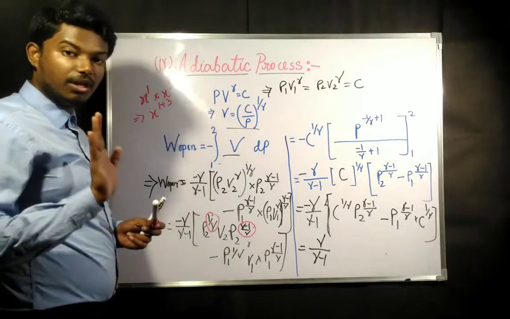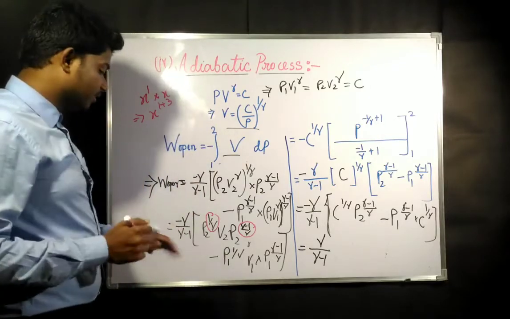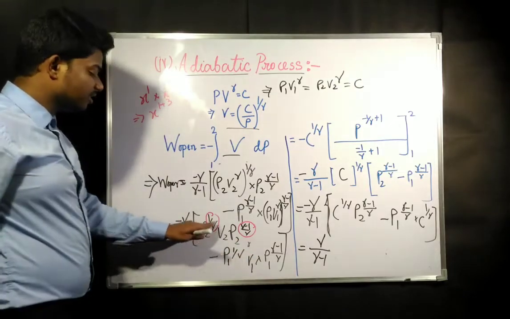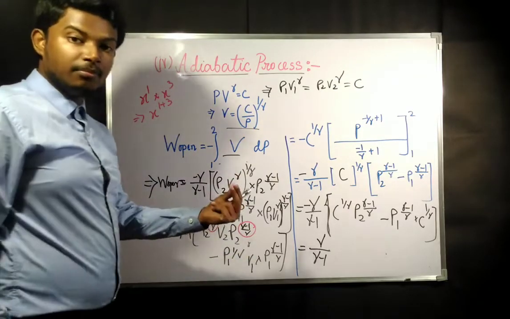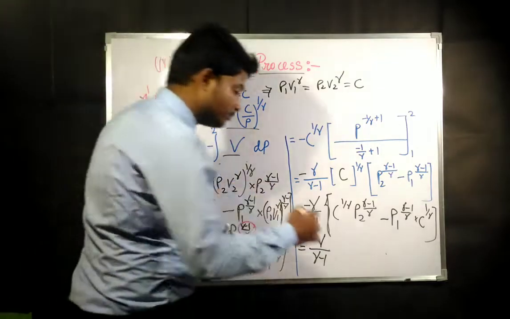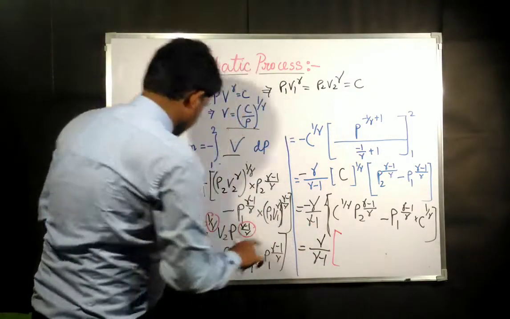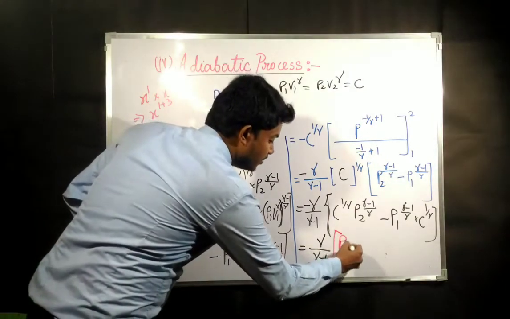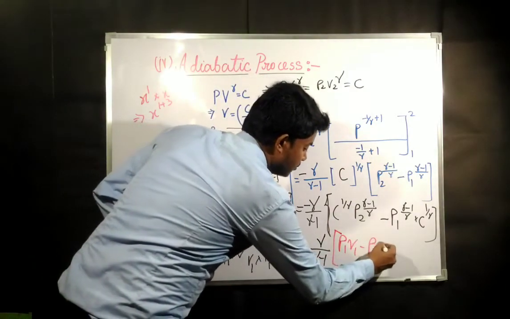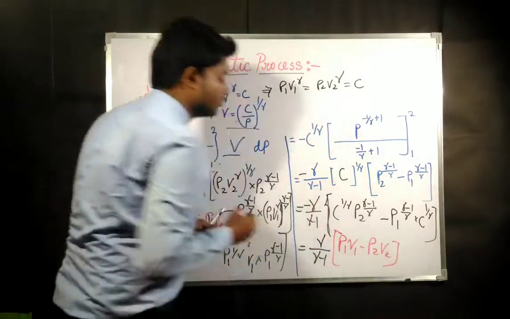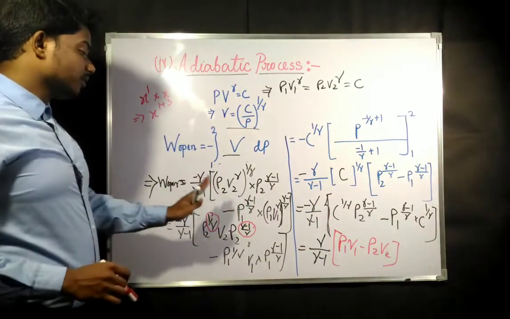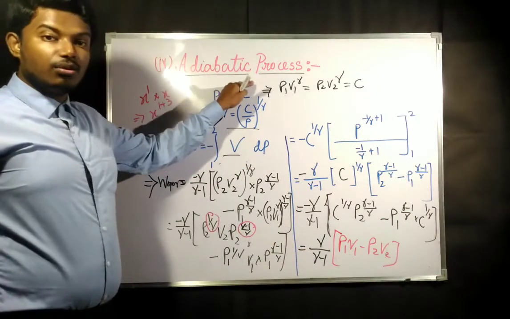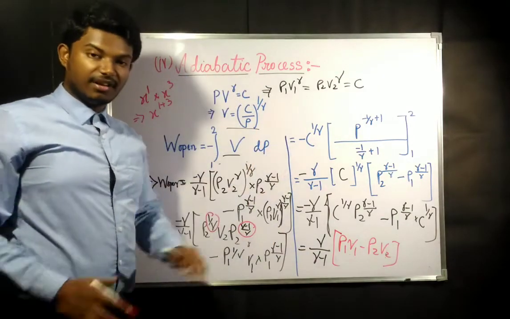So V1 and V2 are going to be there, but P1 and P2 will combine. If we multiply this minus also, the final expression we will get is P1 V1 minus P2 V2. Okay, so this is the expression for adiabatic process while it is an open system, reversible.